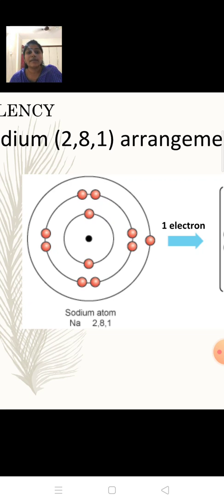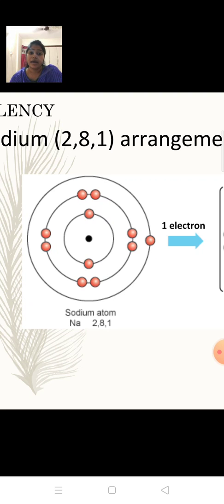Then only it will follow the octet state. Octet means 8. In the case of sodium, it has only 1 electron.